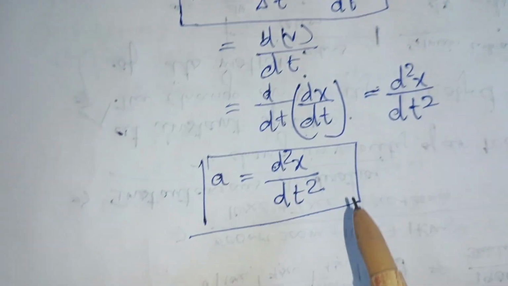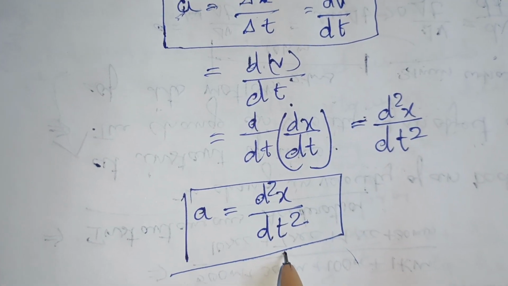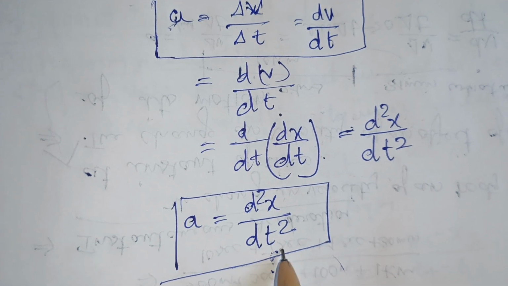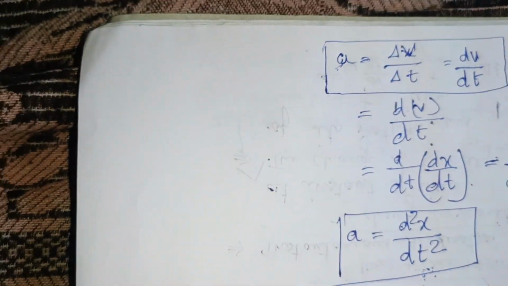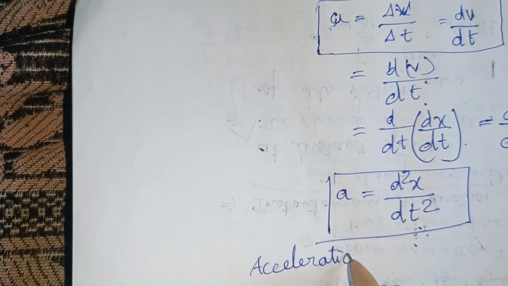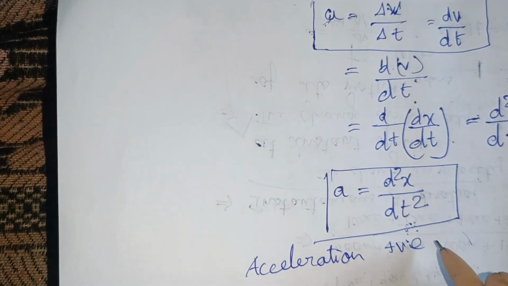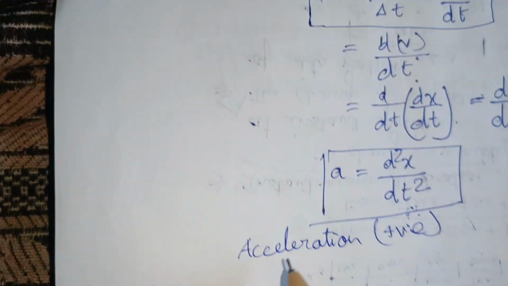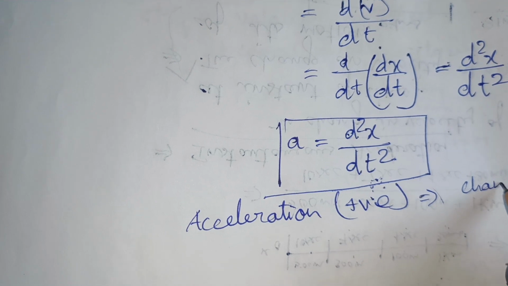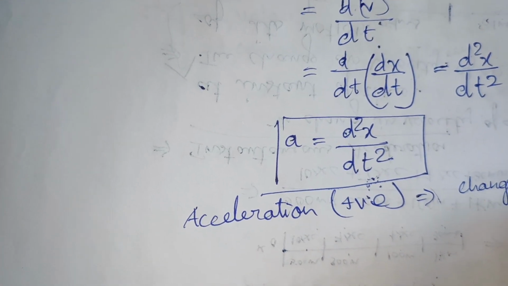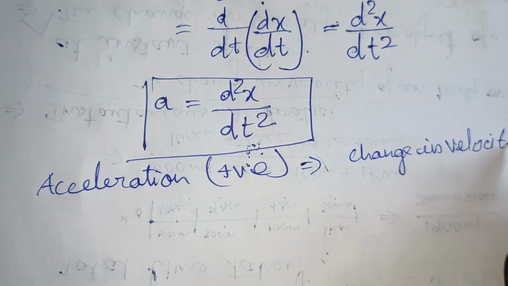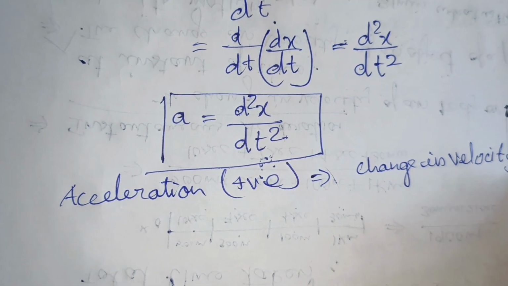Now you may ask, sir, how will this help? This will help only through the problem solving equations. We can also say that acceleration is positive. When can we say acceleration is positive? If I say acceleration is positive, it means change in velocity is also positive.